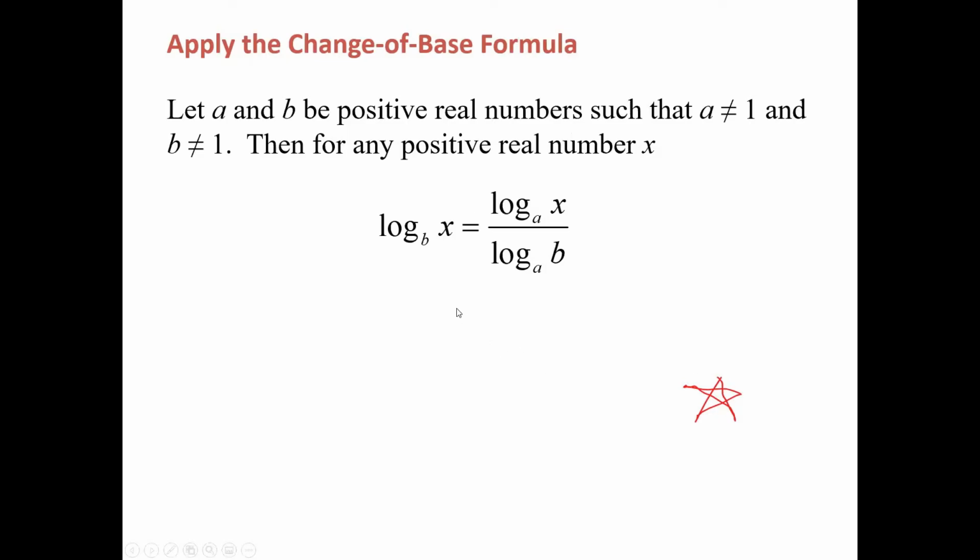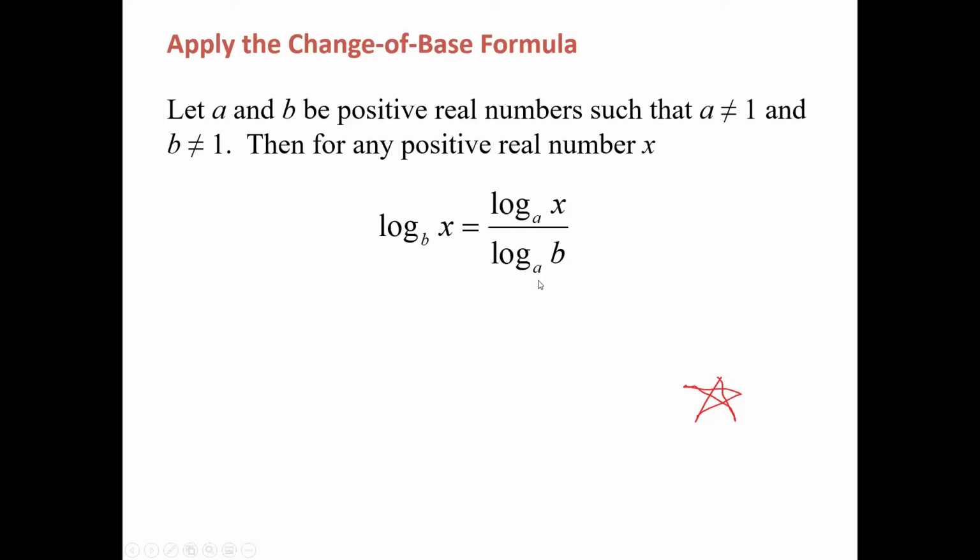Now, if we've got a logarithm that's not base 10, and you want to do computation with it, if you have a Texas Instruments calculator or just about anything besides one of these Casios that I listed for you earlier, then you have to go through these steps.